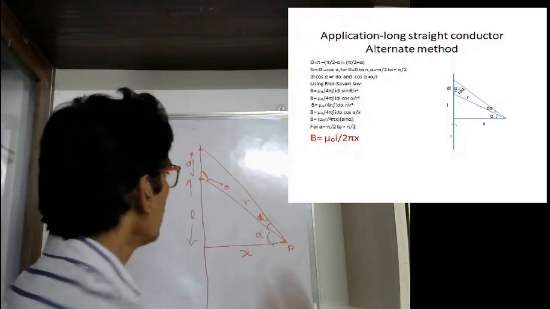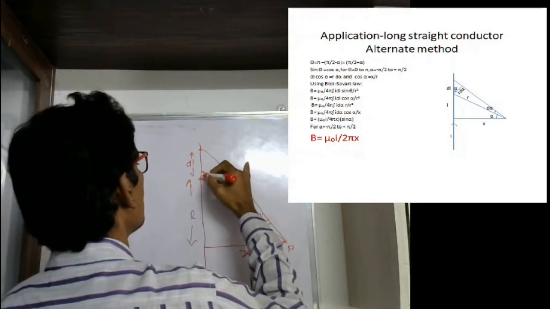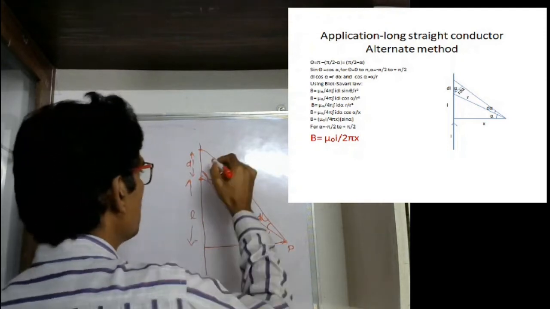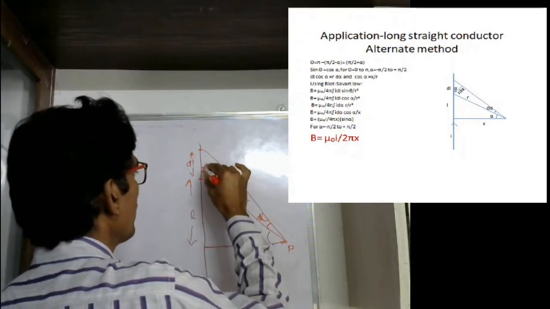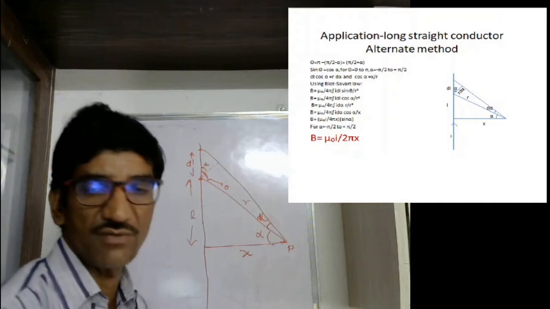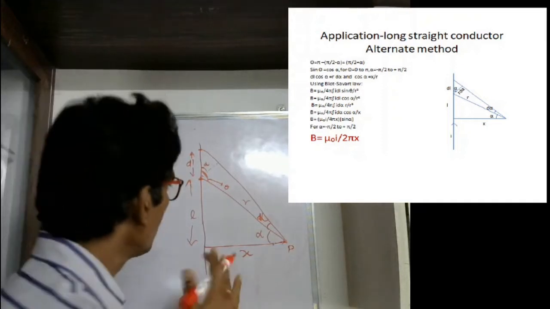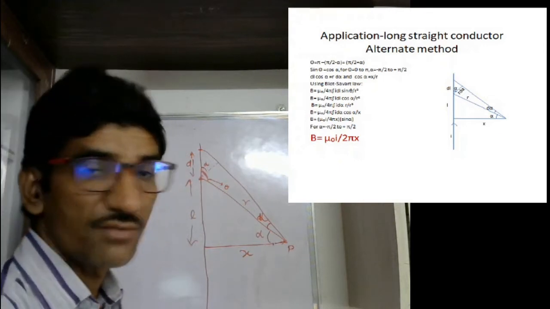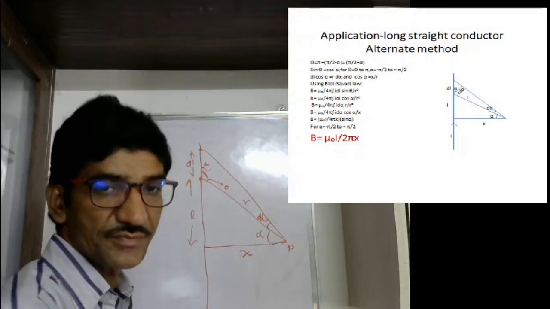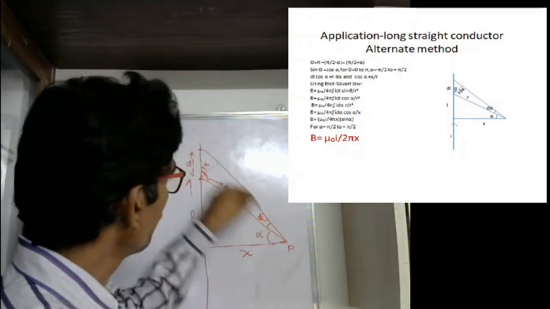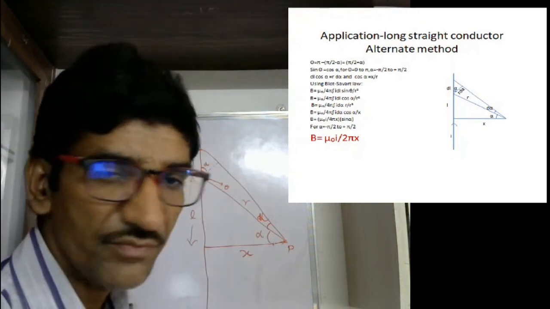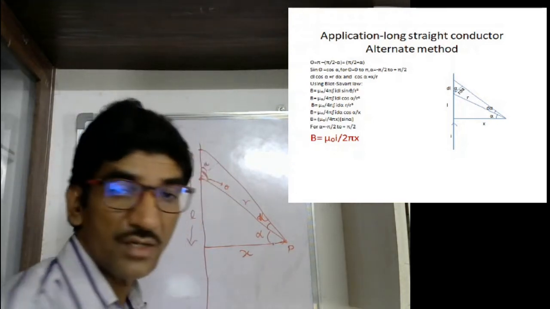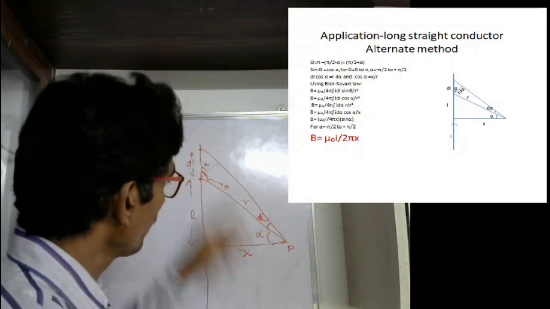Now let us draw one perpendicular from here to here. This angle will be alpha, because by the geometry of the figure we have alpha here also. From this triangle, this side is equal to r d alpha. Why?